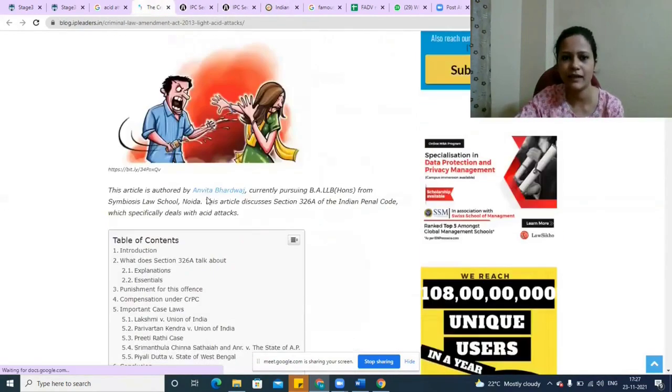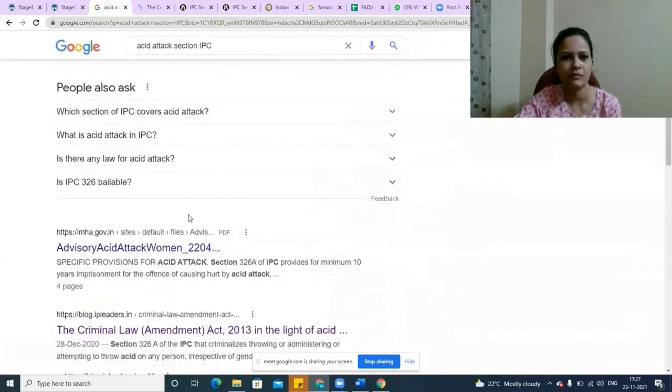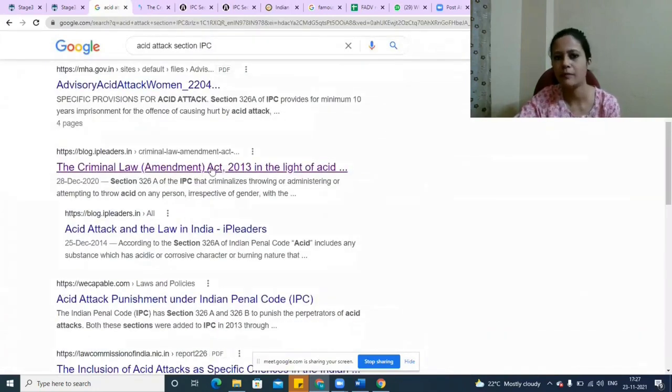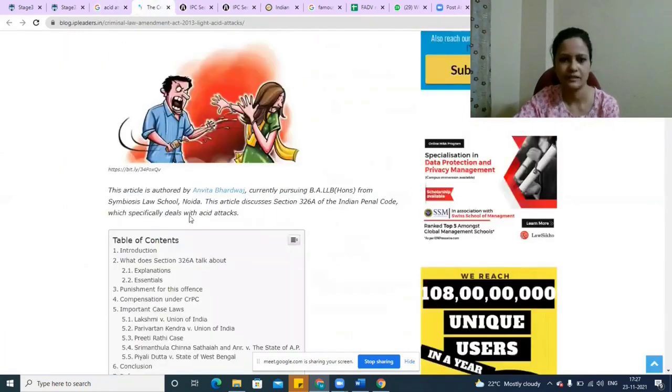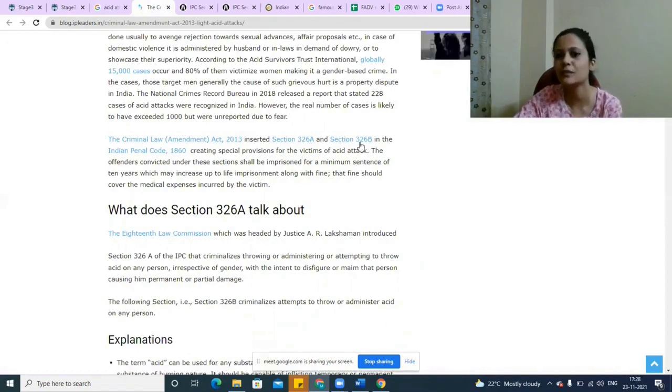And that's the reason why in 2013, by way of the Criminal Law Amendment Act 2013, two sections, 326A and 326B, were inserted. They figured out that it is a problem that we have. People were not much aware about it because we didn't have this provision, so we needed to insert it.